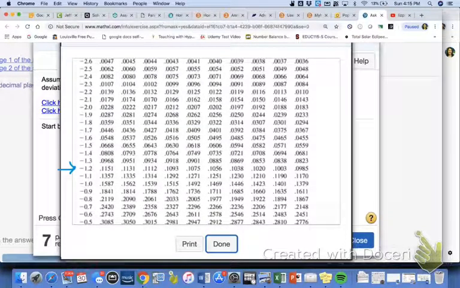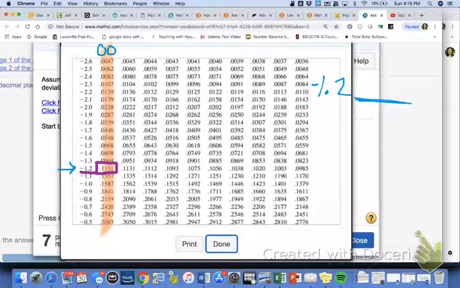And because the z-score that we're looking up is just a plain old 1.2, with no extra decimals after the 0.2, we're going to use this first column, the one that just has 0.00 above it. So I'm going to look right here.